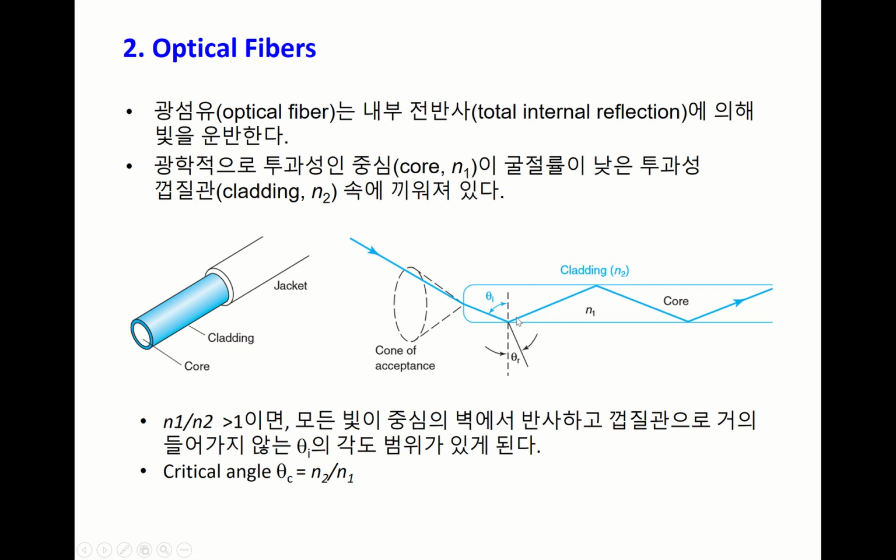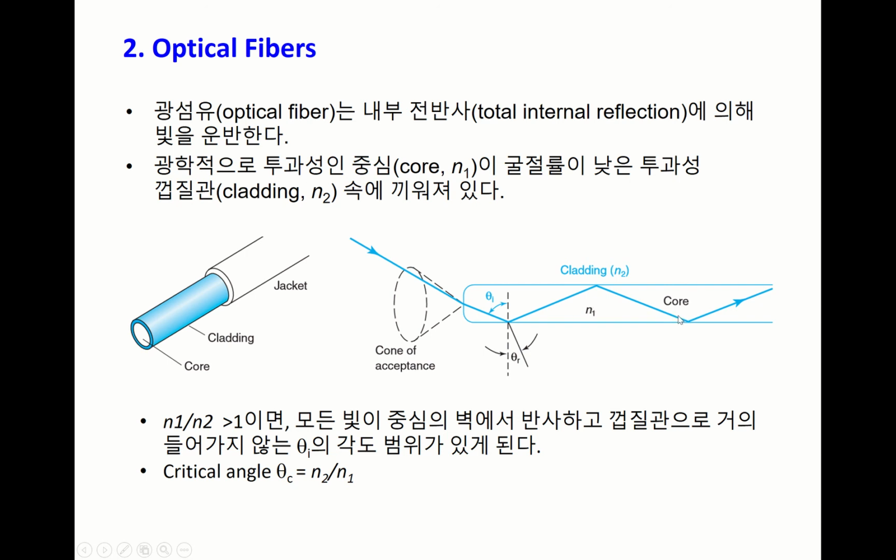The critical angle is defined by theta c equals n2 over n1, for this total internal reflection, where light is internally reflected inside the core.